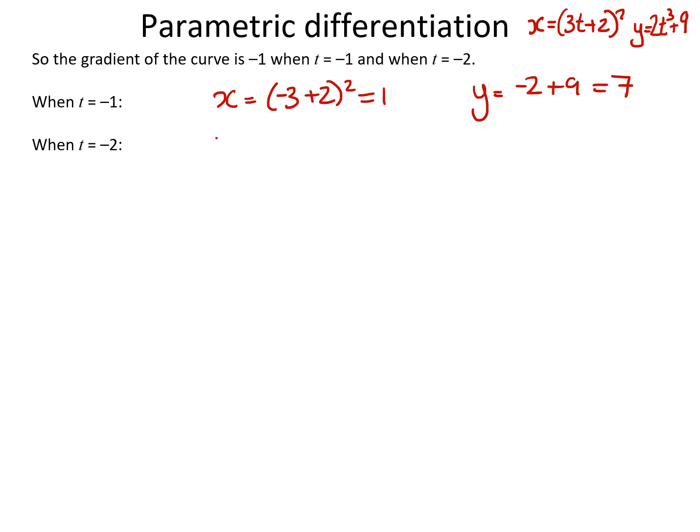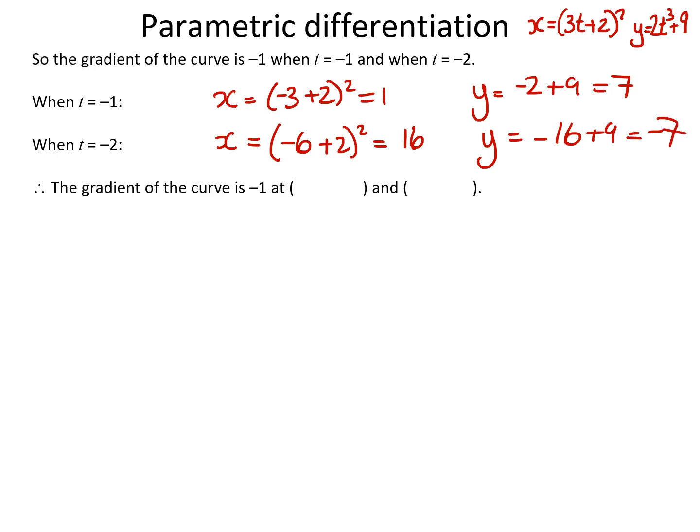And here when t is -2, x would be (-6 + 2) squared, which equals 16, and for y, -2 cubed is -8. 2 times -8 is -16, then plus the 9 gives me -7. So the gradient is -1 at the two points (1, 7) and (16, -7).